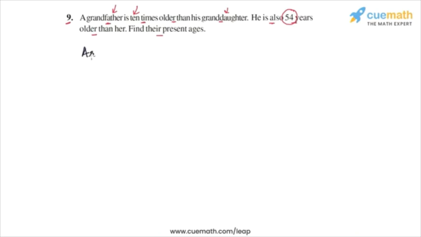We could assume either the grandfather's age or the granddaughter's age. So let's assume that the granddaughter's age is some variable. Let's take this as x years.